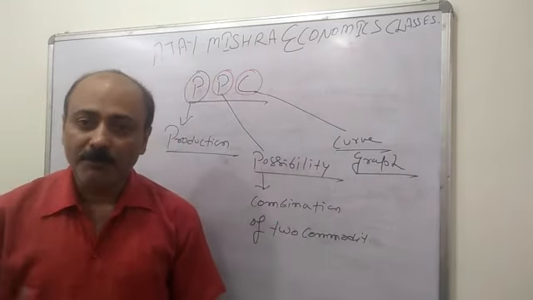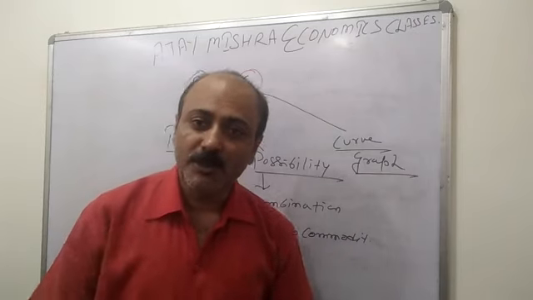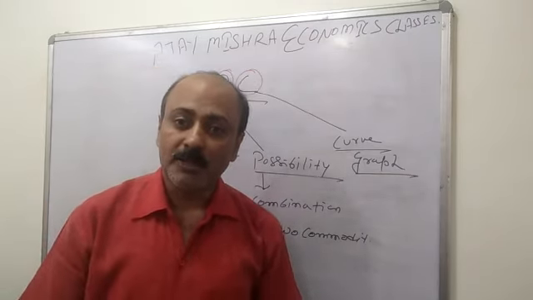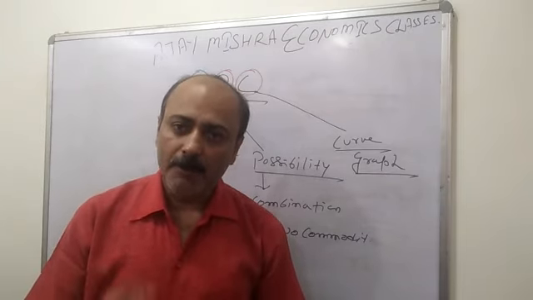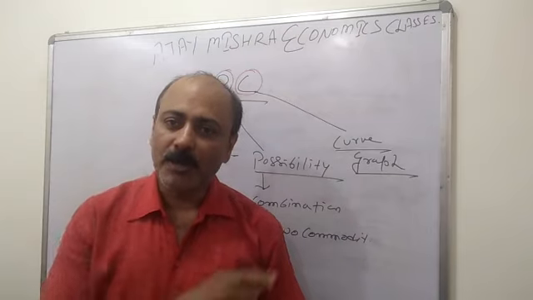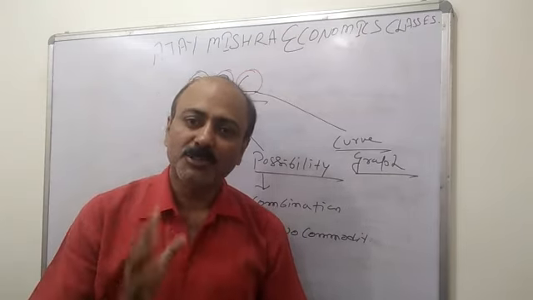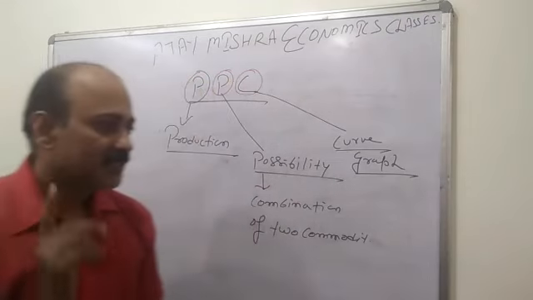If you are using demand, then price and demand only. If you are thinking about a student's behavior, then time management and study outcome. We don't take n number of things. So always remember, in economic theory, whenever you have to explain a theory, you take 2 economic variables only.